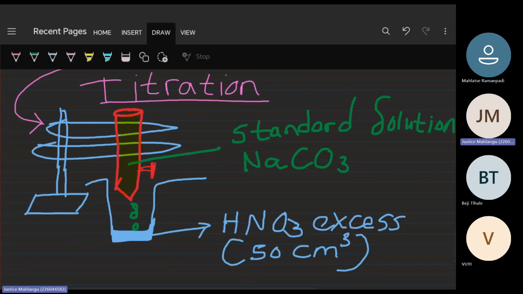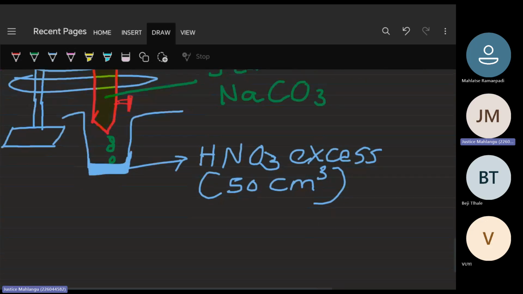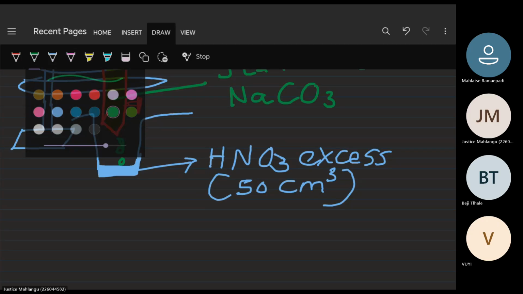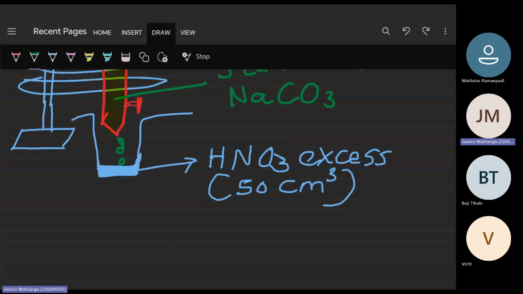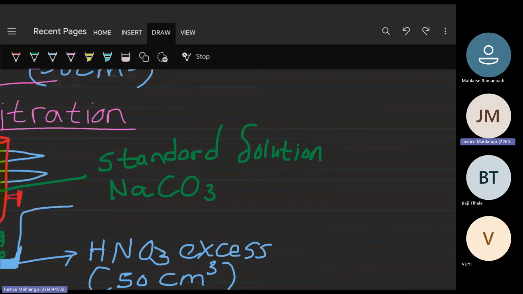Let's get it now. So that standard solution, let me even indicate here. Let me put it in brackets.